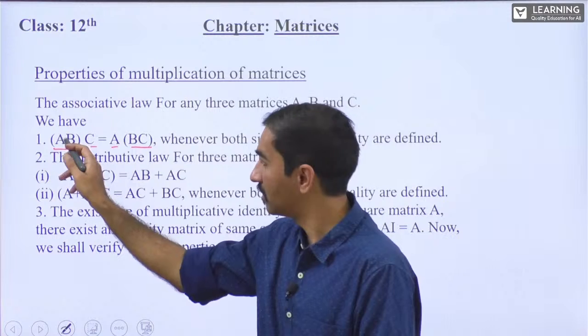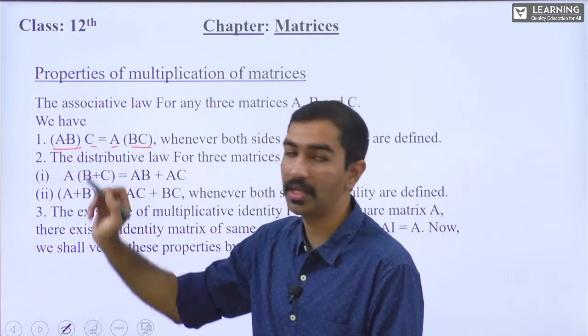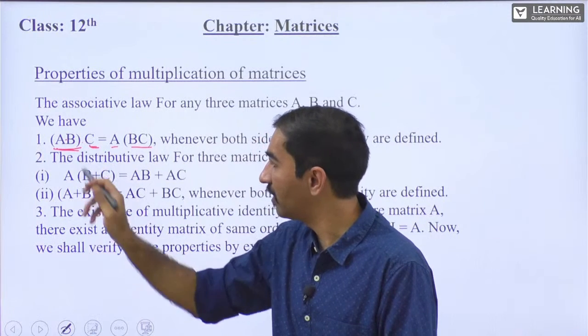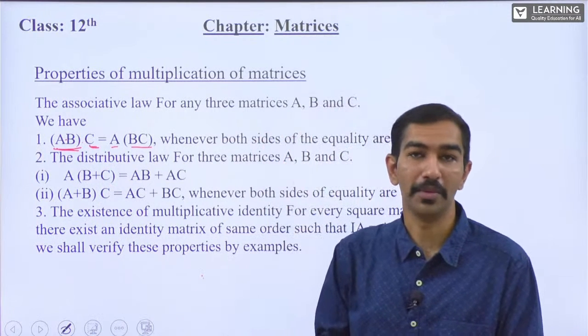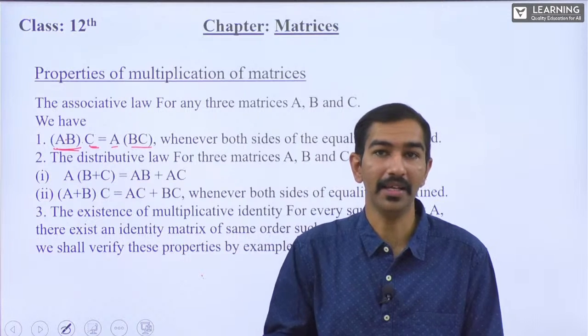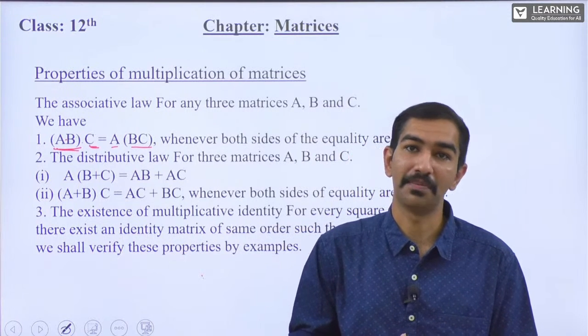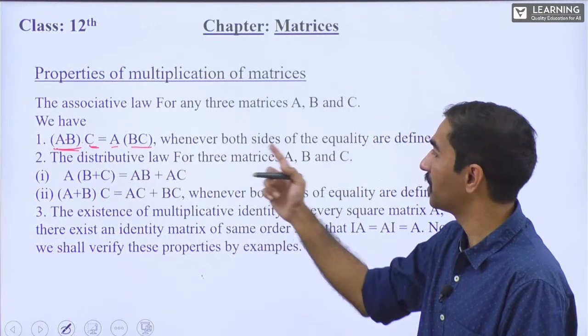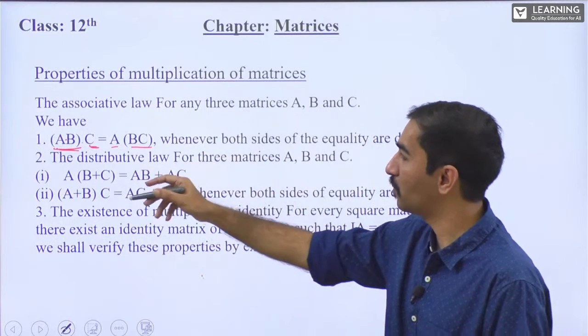What is happening here? There is matrix multiplication, and between this and this, again we have matrix multiplication. How do we multiply? We have seen in the previous session, so you can just check whether this property is satisfied or not.